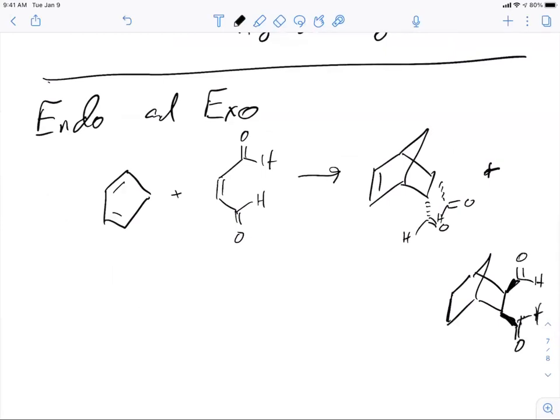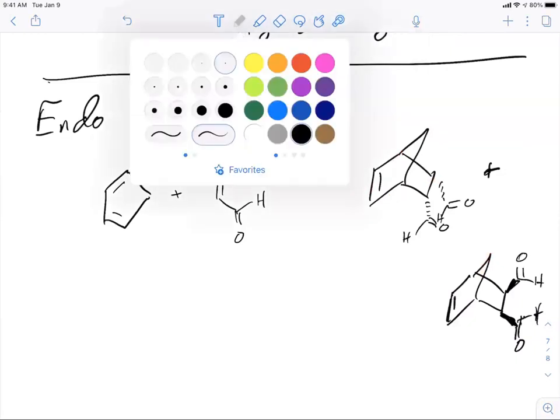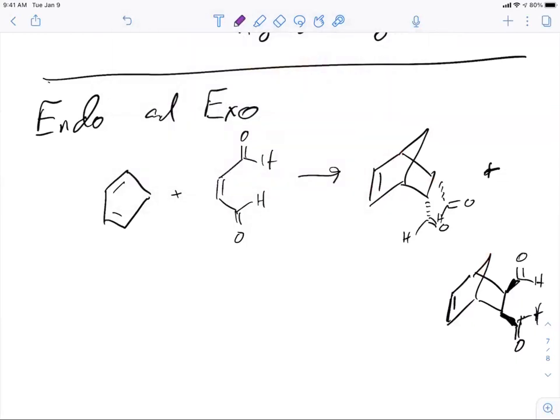So if we think about this space right here, kind of being folded up because of this part, and I forgot my double bond, so make sure you put the double bond. So if we think about that, then this is referred to as endo, right? And this is referred to as exo. So if we look at that kind of underside pinning of that system.